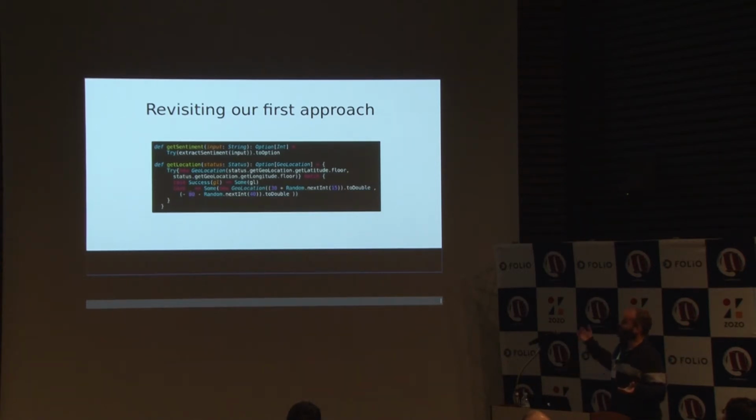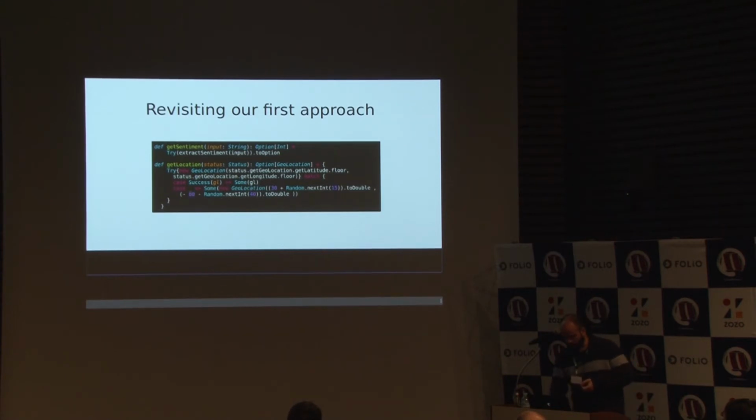So we have to generate some random location. So we are going to try to get the location, but because normally that won't be available, we're going to get some random location in case there isn't one available with the tweet.